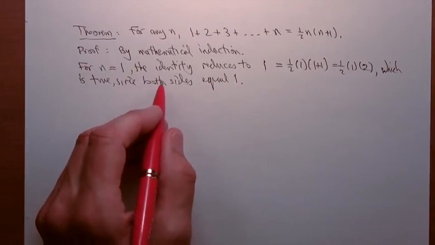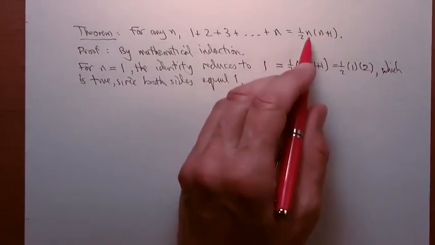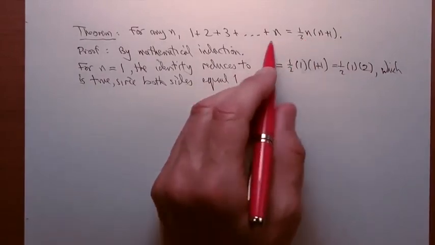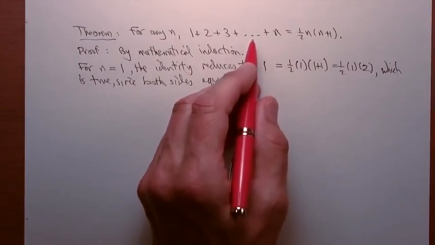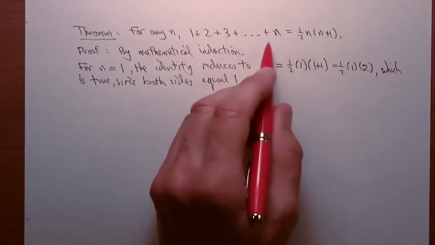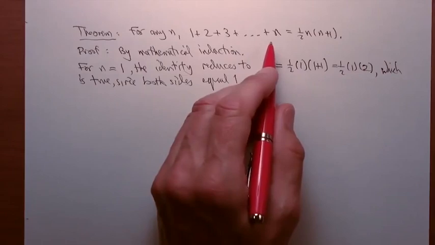Incidentally, you may have noticed that I referred to this not as an equation, but as an identity. And the reason is that an equation is something that you solve to find the value of a variable, either x in the case of a real number equation, or n in the case of a natural number equation. But this isn't an equation that you solve for n. This is an identity.